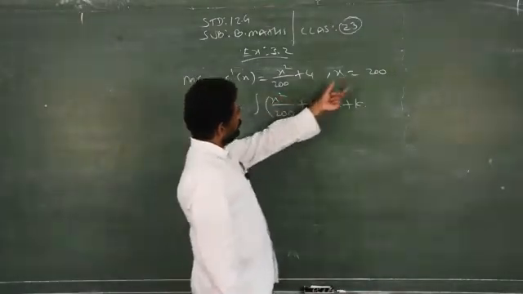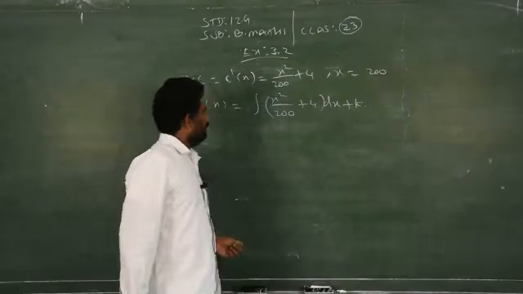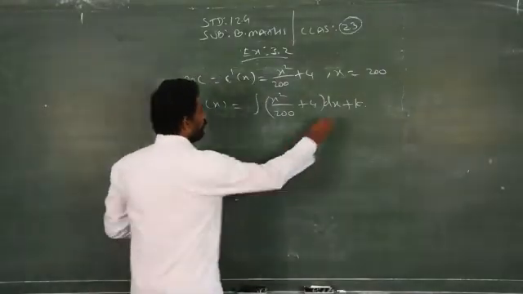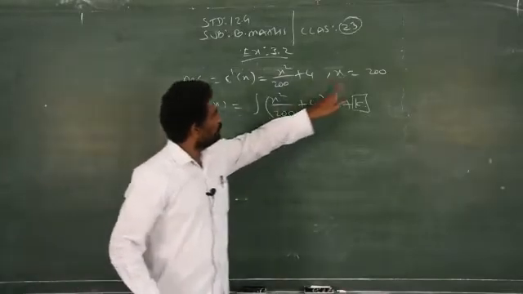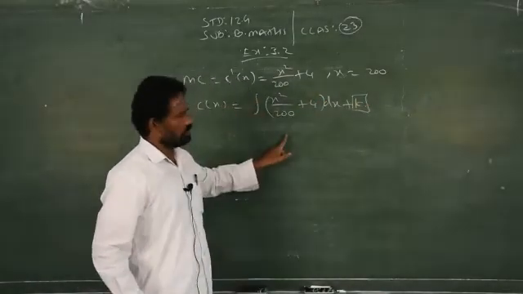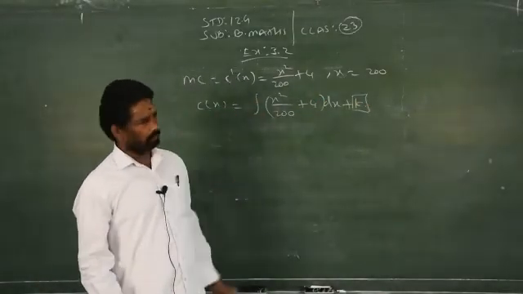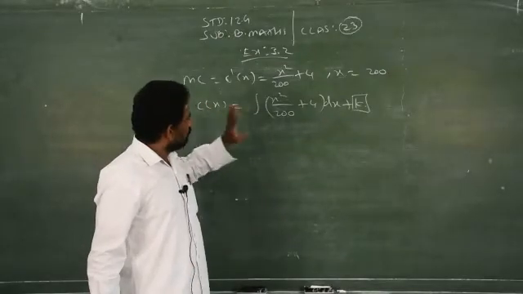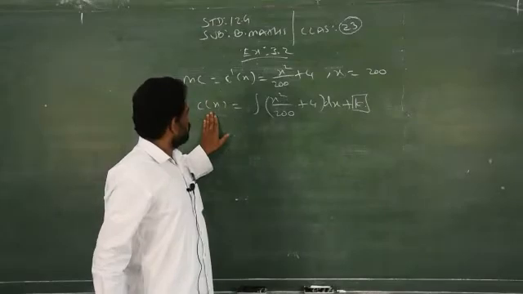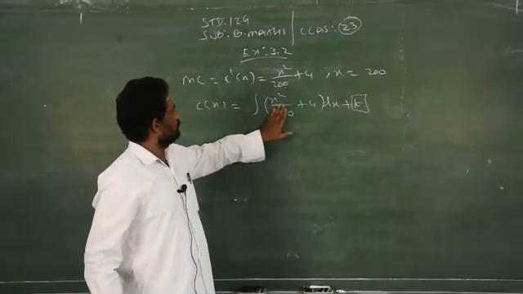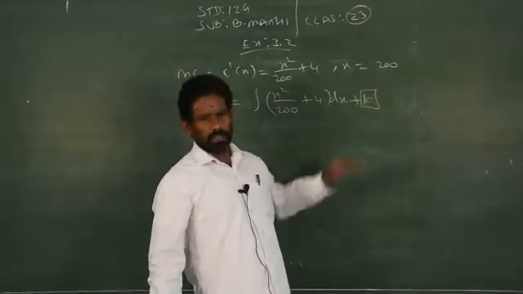If x is 200, that is very good, but to find the value of k, you must know the number of units x and the cost also. Generally you can think that c is one variable, x is one variable, k is also some constant.